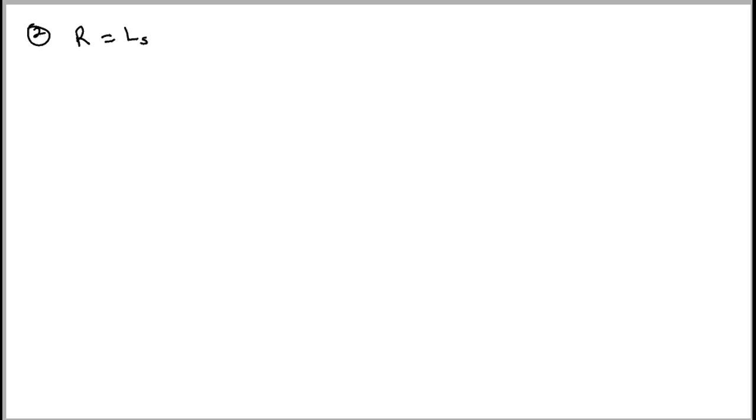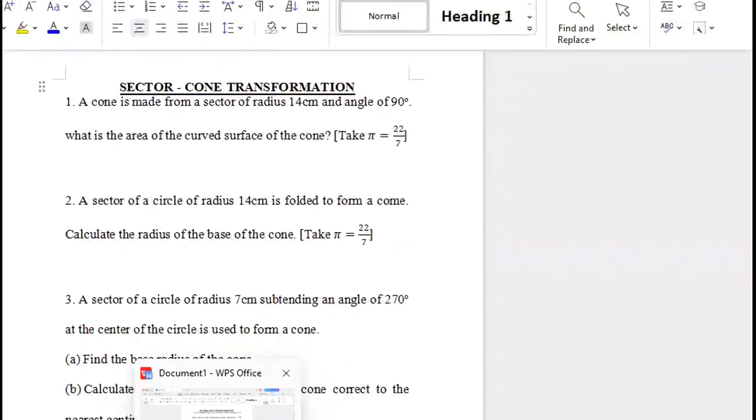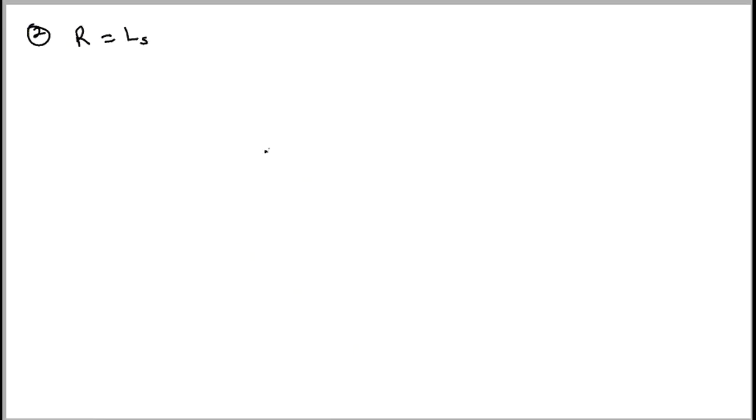The radius of the sector is always the slant height of the new cone. That is, the sector of a circle has a radius of 14, so we write 14 centimeters. So you have to find the radius of the new cone. This is just a very simple question.